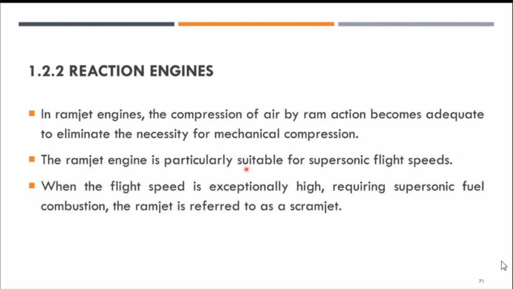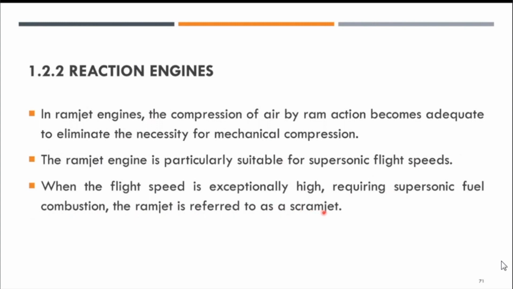All right, and then in the ramjet engine, the compression of air by ram action becomes adequate to eliminate the necessity for mechanical compression, and the ramjet is particularly suitable for supersonic flight speed. When the flight speed is exceptionally high, requiring supersonic fuel combustion, the ramjet is referred to as a scramjet.